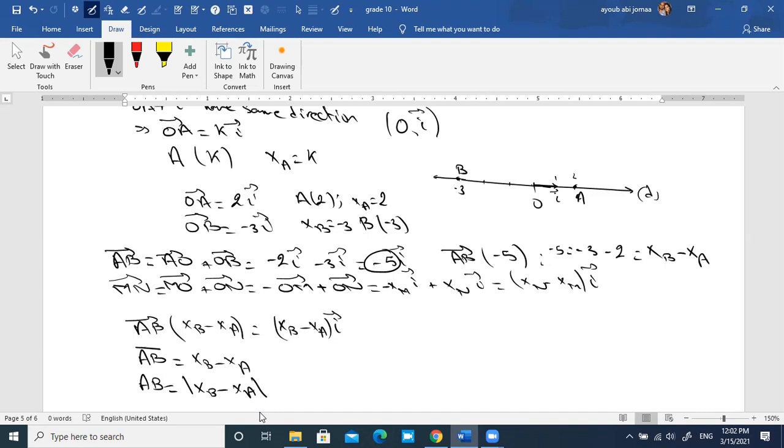The algebraic measure could be negative, but there we are talking about the sense. From A to B, if it's negative, move in the opposite sense of I. If AB is positive, move in the same sense as vector I. But when I say measure of AB, it is the distance from A to B, which can't be negative. AB is a positive value. Okay? Is that clear?